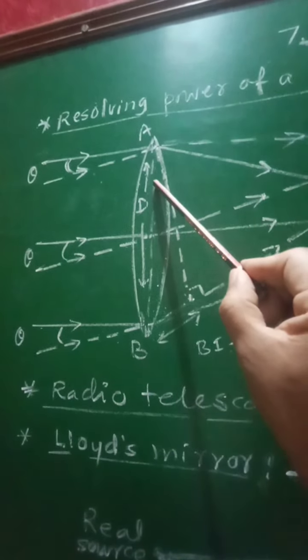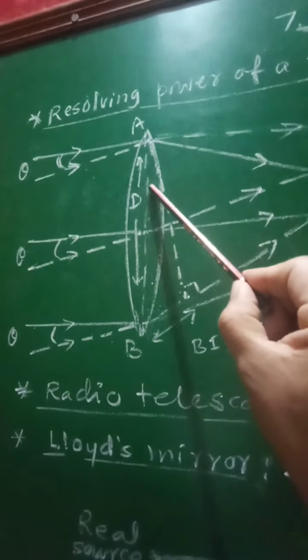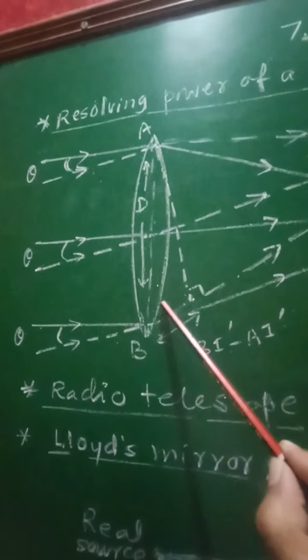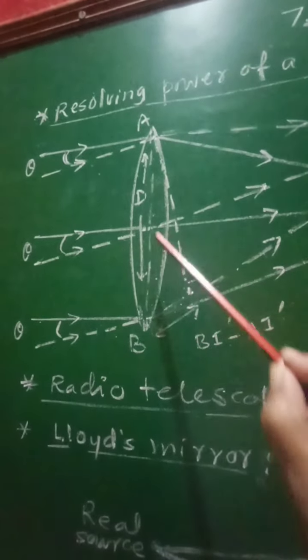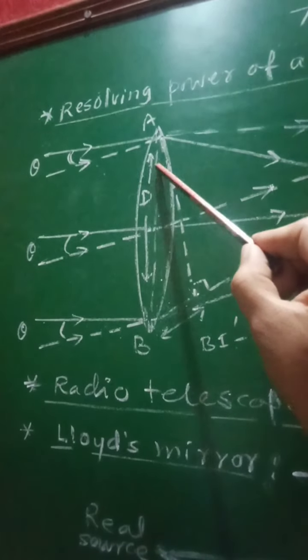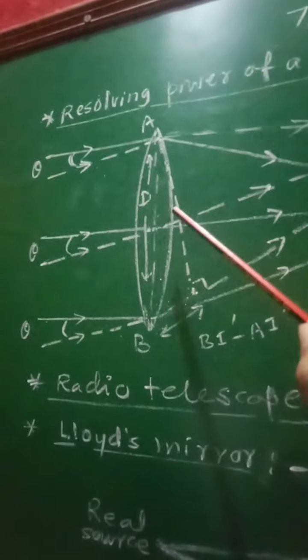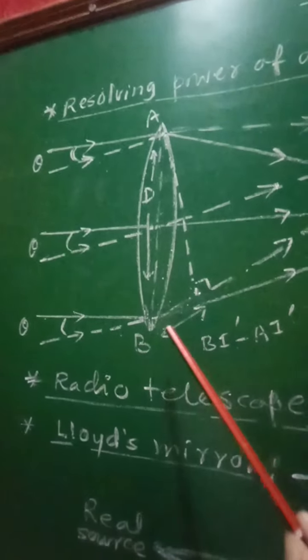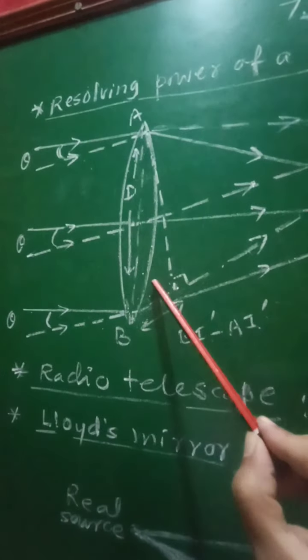Therefore, at A, inside this triangle, the angle will be equal to theta. As it is theta, this side is the opposite side, and therefore opposite side will be equal to hypotenuse into sine of this angle theta. But here theta is very small, and therefore sine theta is taken as theta, and hence this Bi dash minus Ai dash, that path difference, will be equal to D into theta.